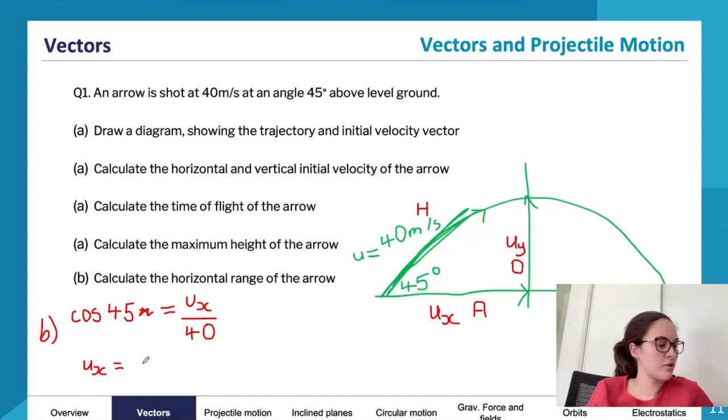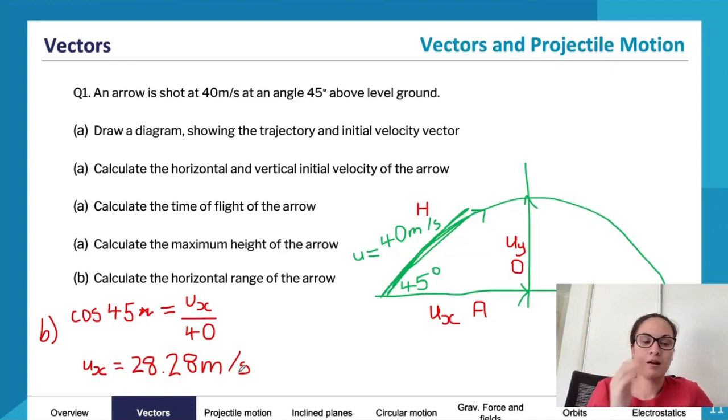Yep, so you should have gotten an answer of 28.28. And that's in meters per second because we have to use the same units.